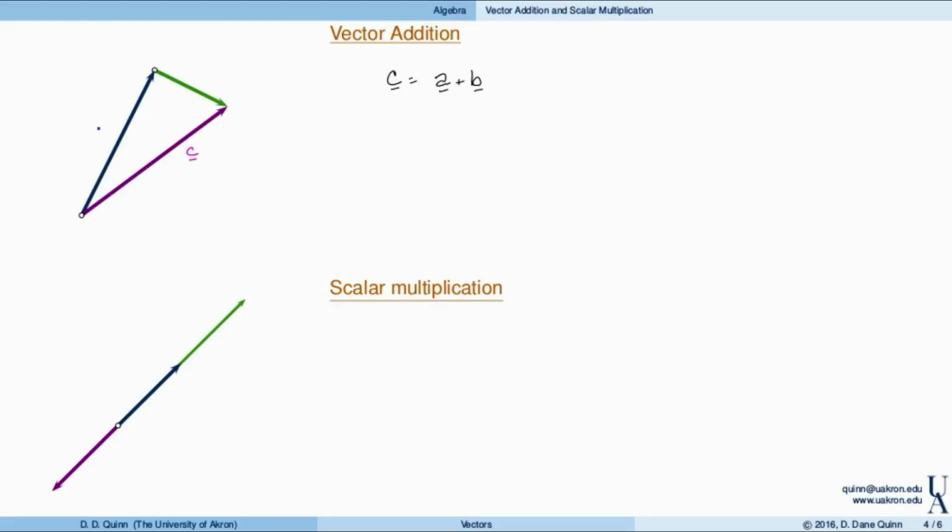So a will be this vector, and b will be this vector. So again, just geometrically, the vector c is the vector a to here plus the vector b to there.